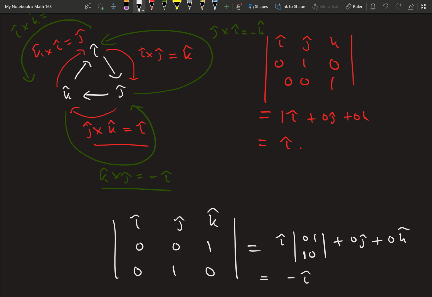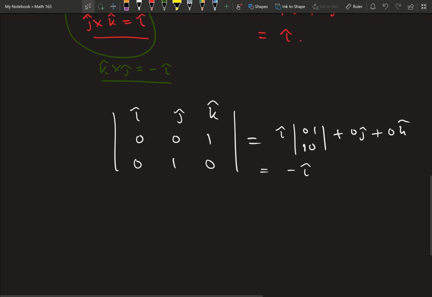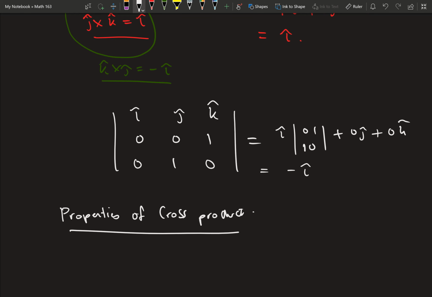Okay, so this is kind of a quick way to see the cross products of i, j, and k. And there's a property, so we're going to list several properties, but right now let me list one, or two actually, properties of the cross product. There are two properties here that we've seen by example, we haven't proved in general, but they are true. It turns out that for two vectors a and b, if you switch the order, you get the negative of the original.